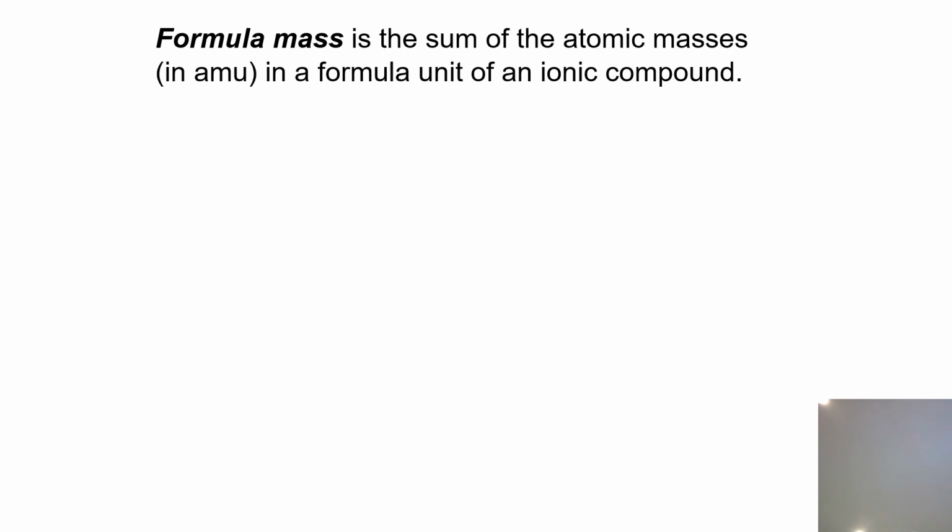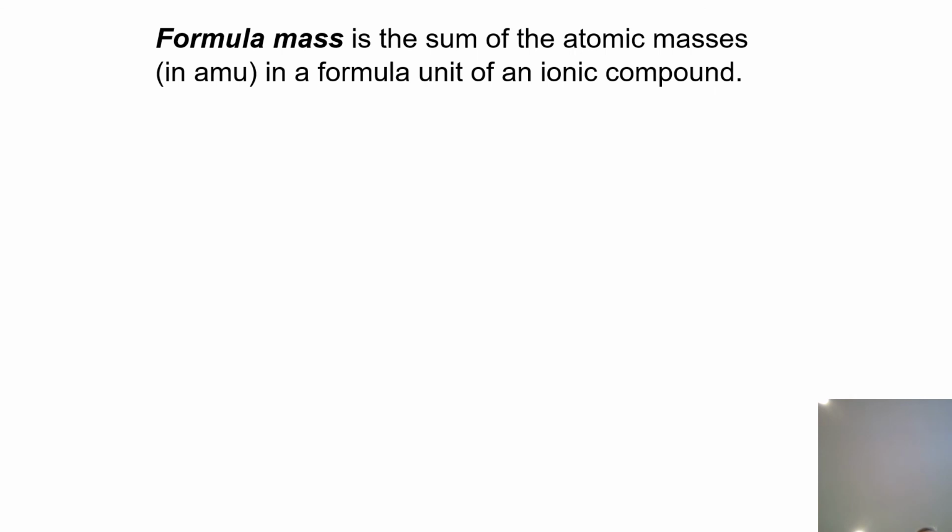And then finally, we take a look at ionic compounds. And ionic compounds, as we know, are not covalently bonded molecules, and they arise from a strong electrostatic attraction between those positive and negative ions.